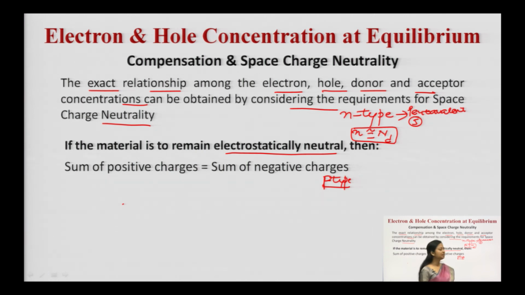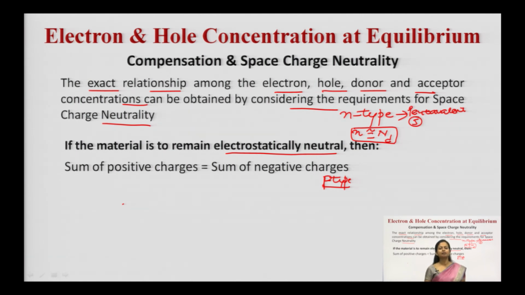It means each impurity atom is contributing a vacancy, and this vacancy is known as a hole. So when these impurity atoms are added to the pure semiconductors, they contribute holes. At the same time, these atoms have a tendency to accept 1 electron, so they will be negatively charged; the charge on the acceptor atoms will be negative.